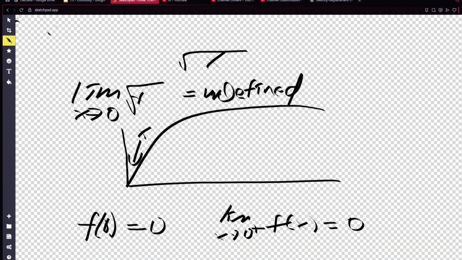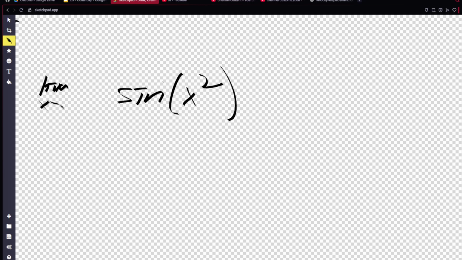Like for example, when we use the chain rule, which we'll get to later. Actually, maybe I shouldn't talk about that. Let's say we take the sine of x squared, and we take the limit of that. We can just use the limit of composition rule to calculate this.